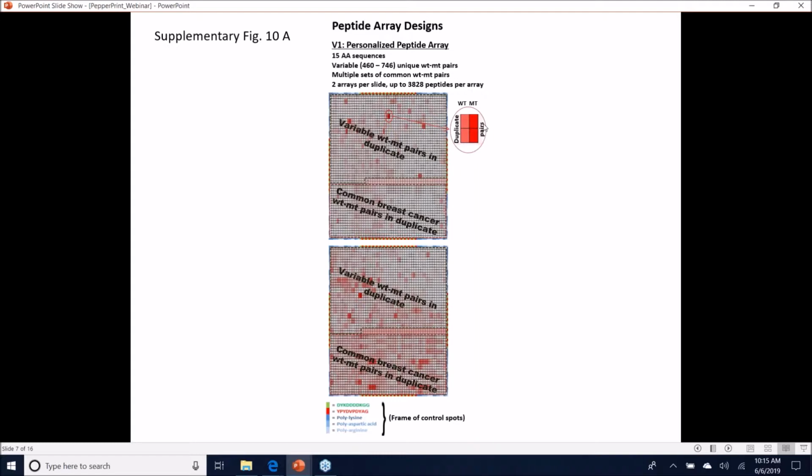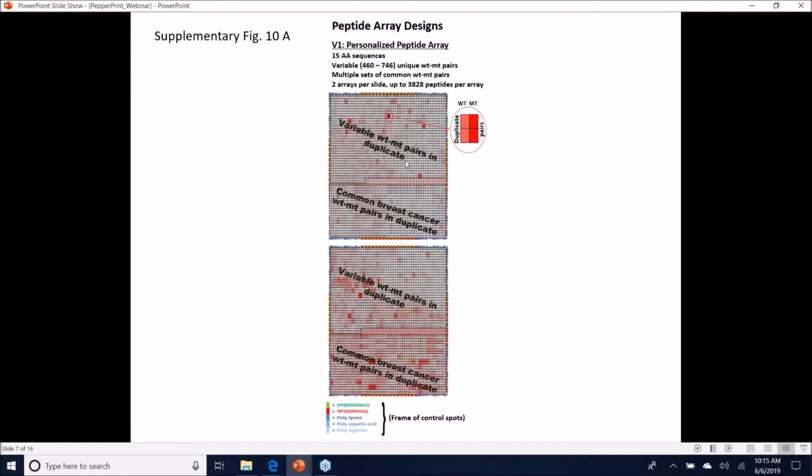And what we found was 2 spots was very reliable. Most of the time, we didn't find any case where the variability is too much. And it's very reliable to identify differences between wild type and mutant.